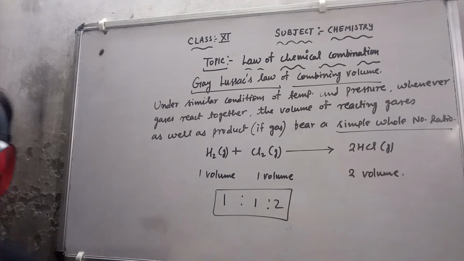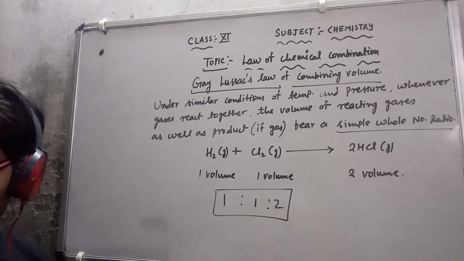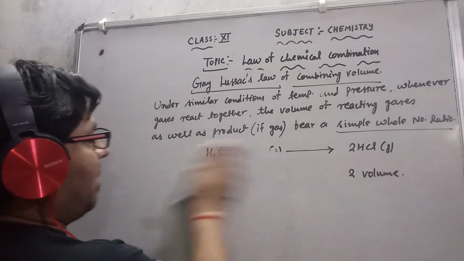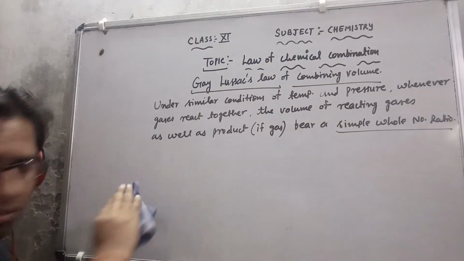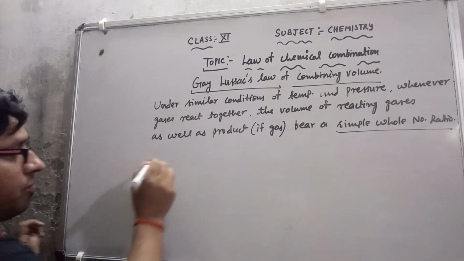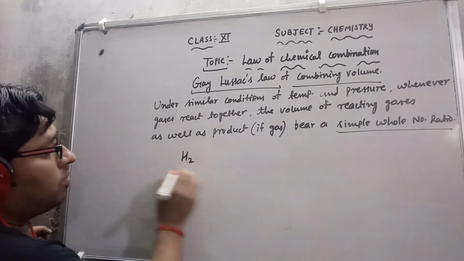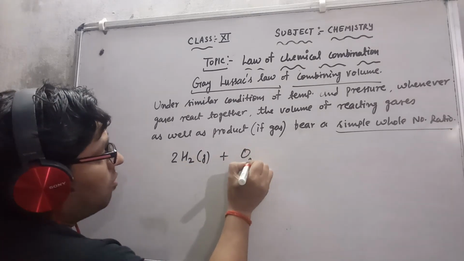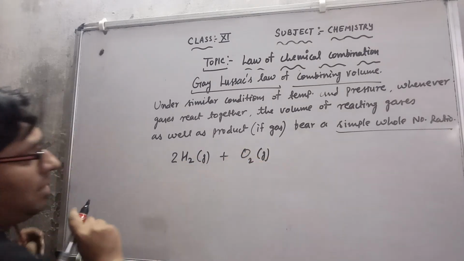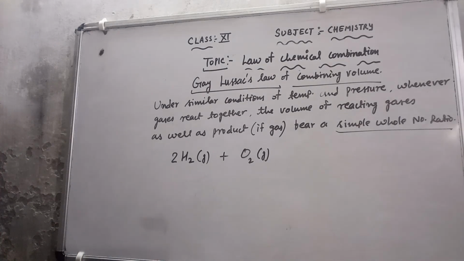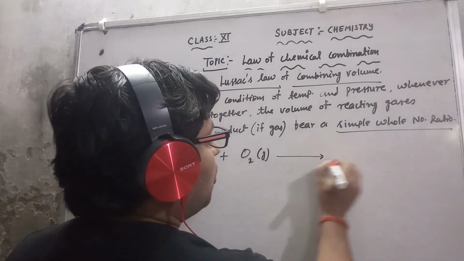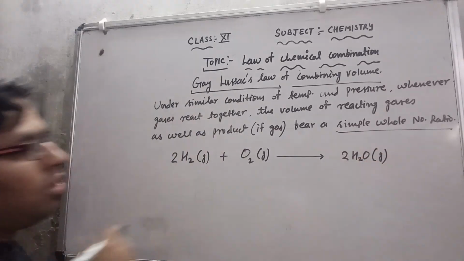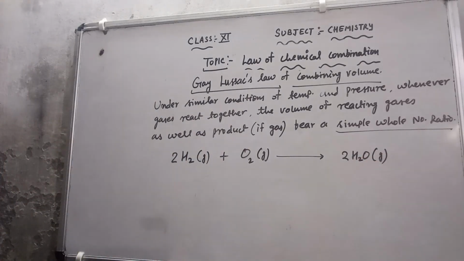The second example: suppose I have hydrogen, H2, 2 volumes of hydrogen gas, and 1 volume of oxygen gas. Whenever they combine, they give us 2 volumes of water vapor.